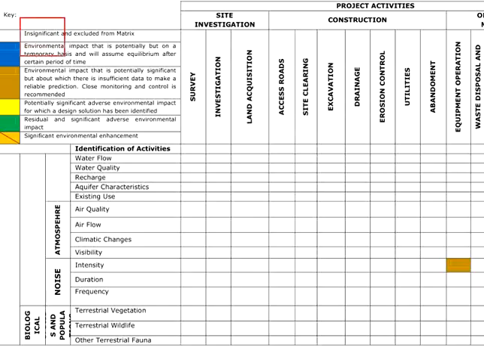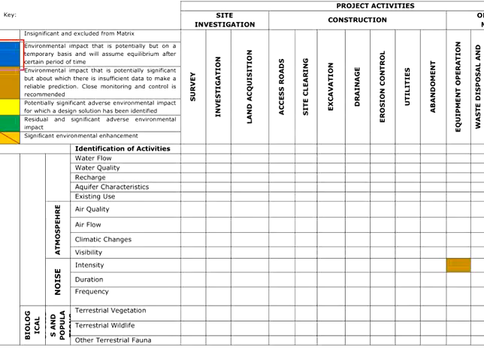The classifications also vary slightly, and in this example there is a clearer definition in terms of the levels of impacts. White color means insignificant and excluded from the matrix.